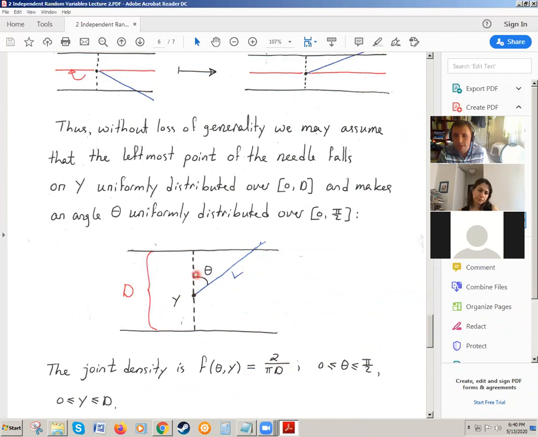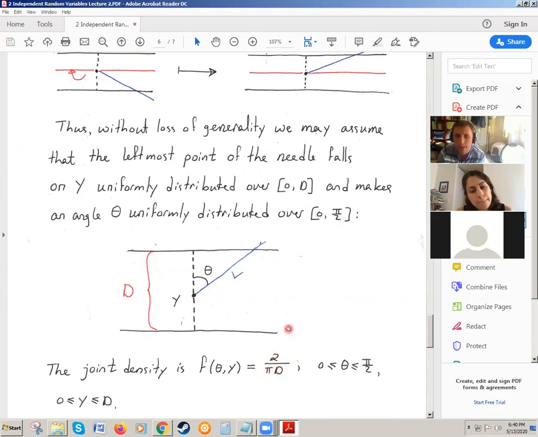Because between 0 and pi over 2 it's a rectangle. The altitude must be such that the area is equal to 1, so the altitude must be 2 over pi. And for y, the altitude must be 1 over d. Good? So the density function is 2 over pi times 1 over d, or 2 over pi d.